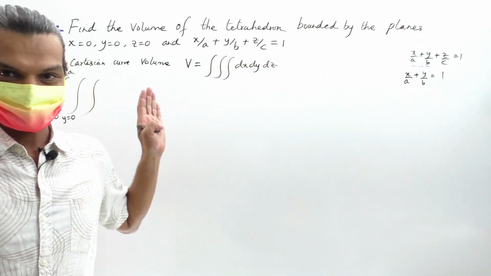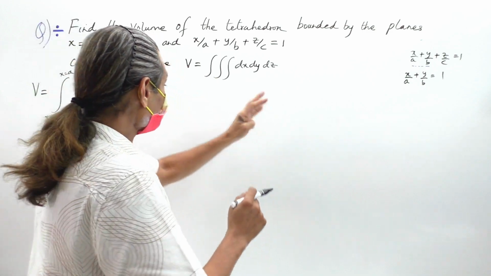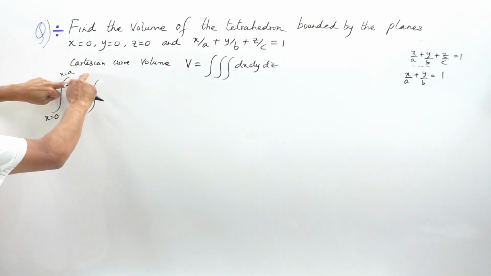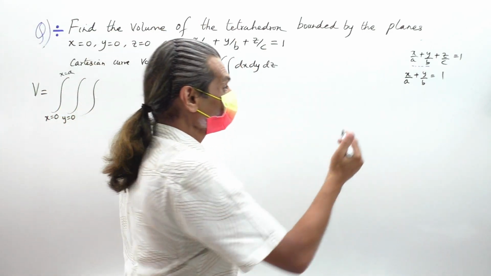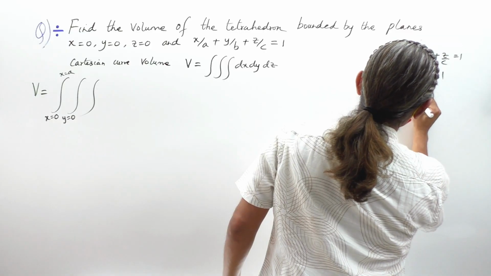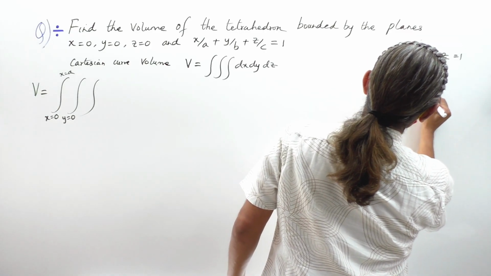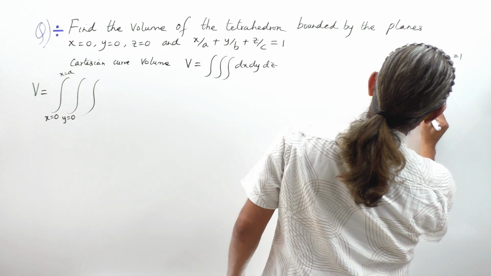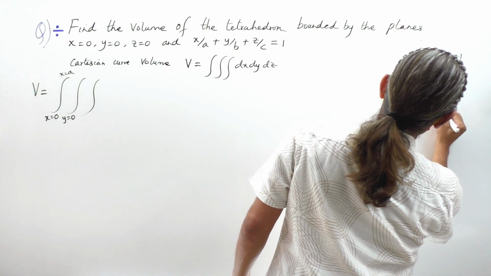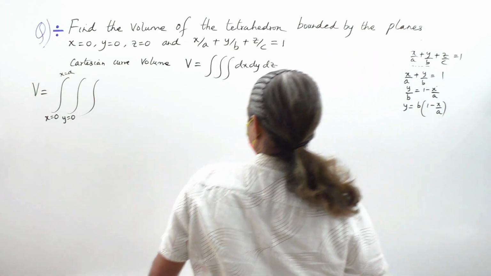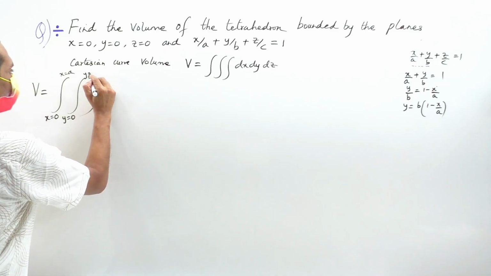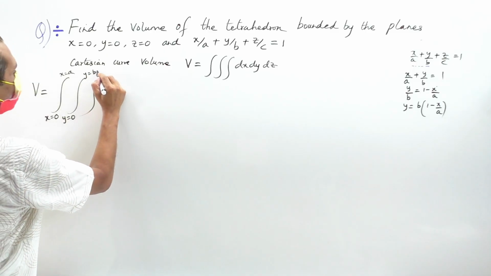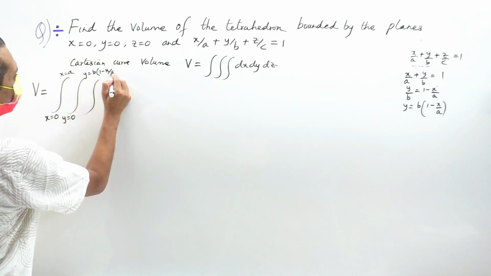No z in 2D, 2D means x and y. Now we need to find the equation of y in terms of x. So here clearly y by b equals 1 minus x by a. So y will be equal to b into 1 minus x by a. So right here, y equals b into 1 minus x over a.